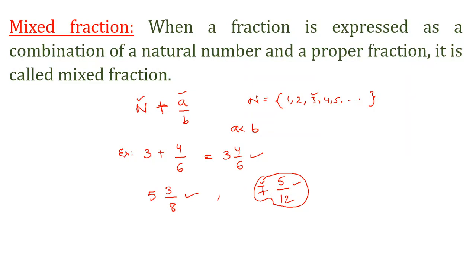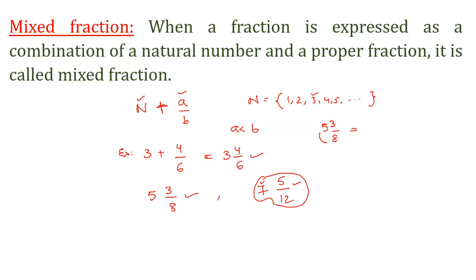Any mixed fraction we can convert into an improper fraction, and any improper fraction we can convert into a mixed fraction. Observe how we do that. Take the first example, 5, 3 by 8. How to convert this mixed fraction into an improper fraction?